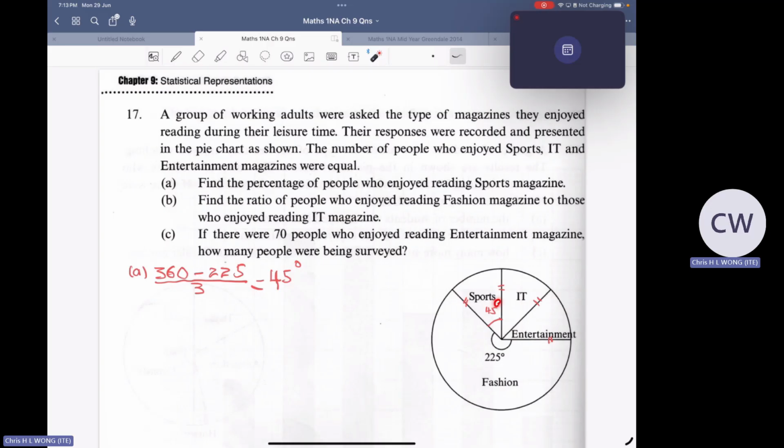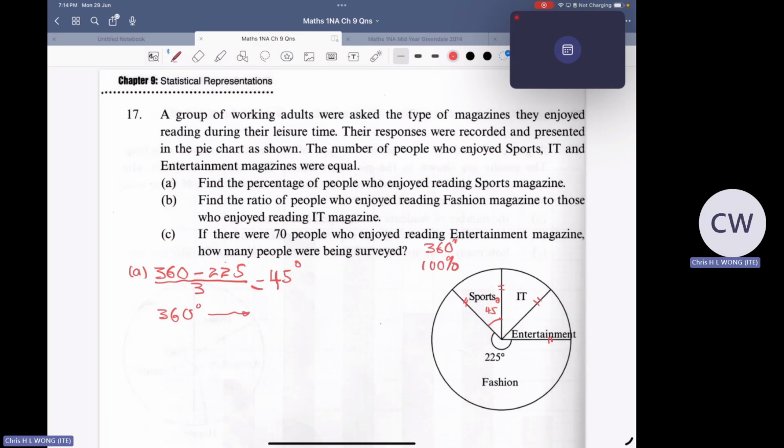So the clue right now is 45 degree, and we're going to make use of it. We know the whole pie chart is either 360 degree or 100%. It depends on what you want to use. When you're talking about the whole pie chart, it's either 360 or 100%.